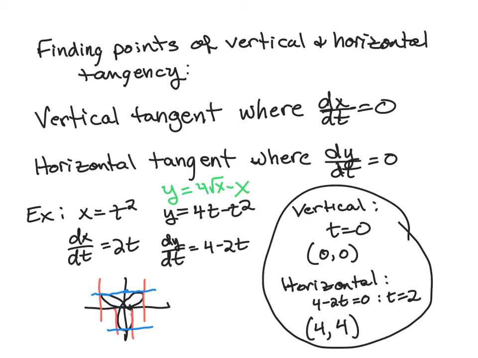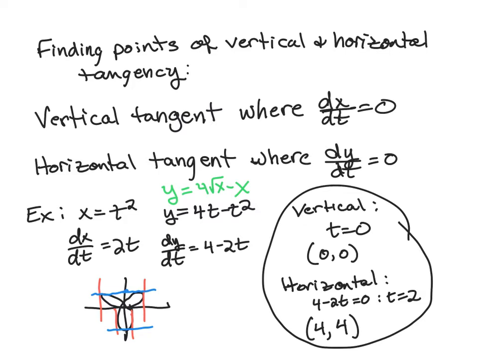But looking back at the parametric form of the equations, we see that x equals t squared, so x is always positive. That takes care of the domain restrictions here. And it's not going to look like this picture that I drew. This looks like something with trig functions in it.